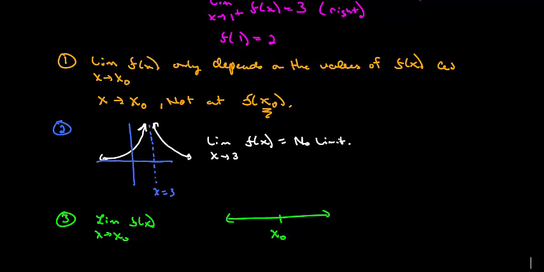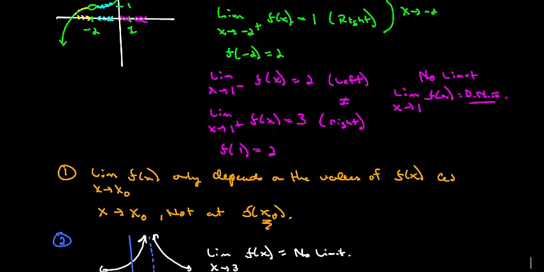For example, if our function looks like this, you can't say, I'm looking here and it looks like we're approaching a height value. Let's say this is 1, this is a height value of 2, and this is a height value of 3. You can't say, I only have to look at it from this side, or I only have to look at it coming in from this side. You have to look at it from both sides.